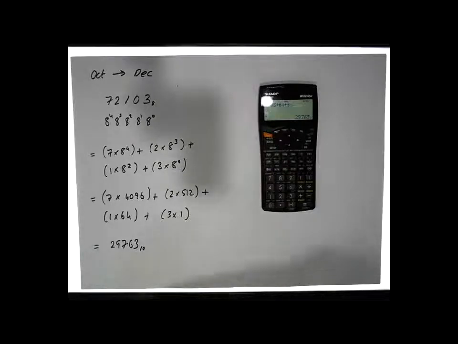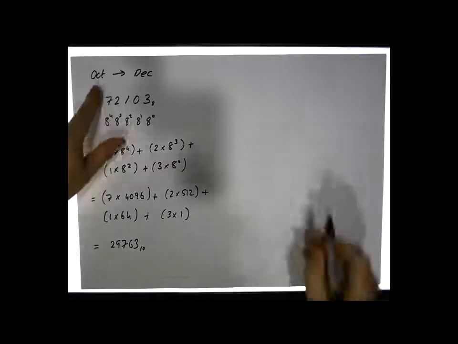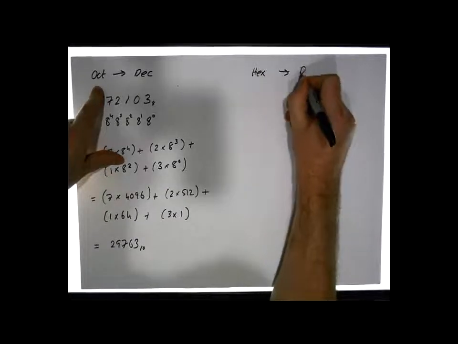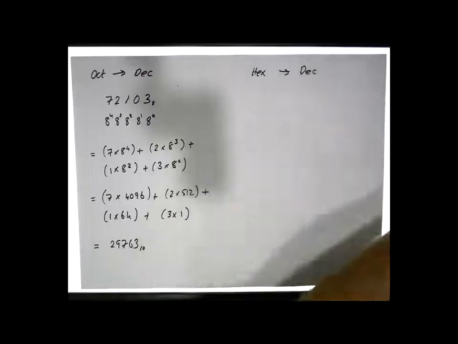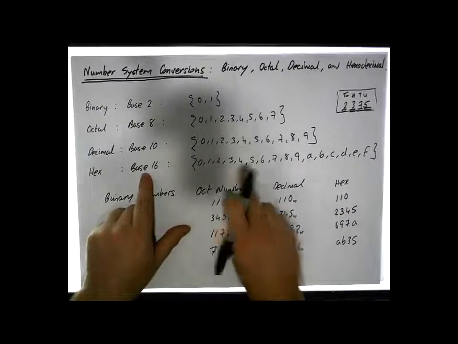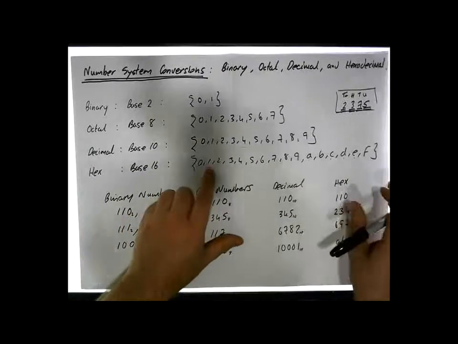Now let's do something a little bit trickier. Well, we don't want to convert from decimal to decimal. That's straightforward enough. What about now from hex? This is the interesting one. From hex to decimal. So we need to choose a hex number. Our hex numbers have to come from this base 16 set here, from 0 all the way up to F inclusive.